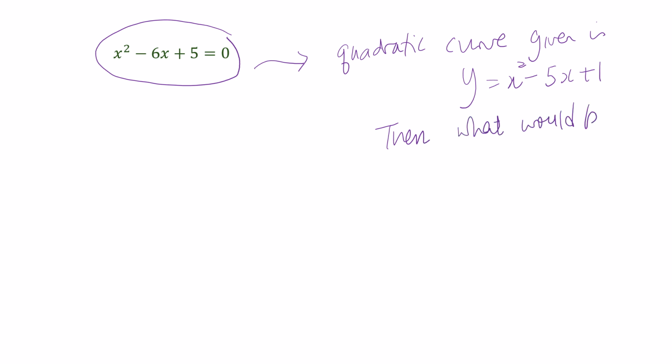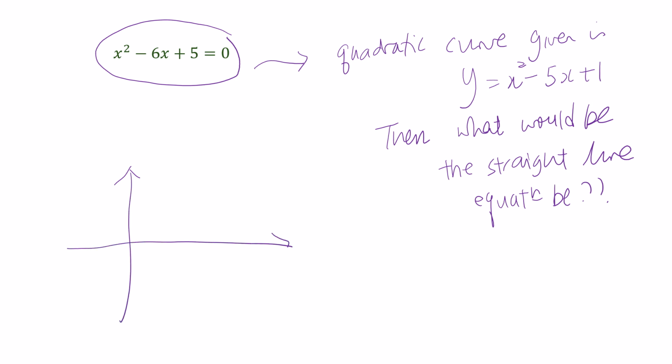What would the straight line equation be? So in other words, I have a curve which is y equals x squared minus 5x plus 1. Right, so the curve will be this way.